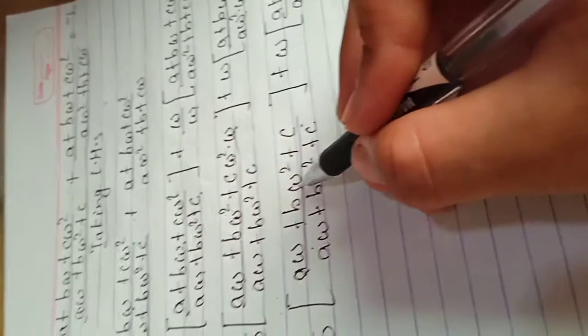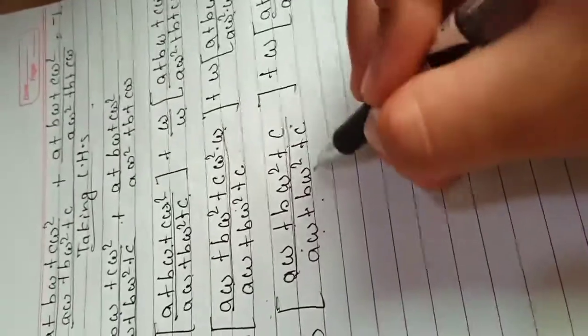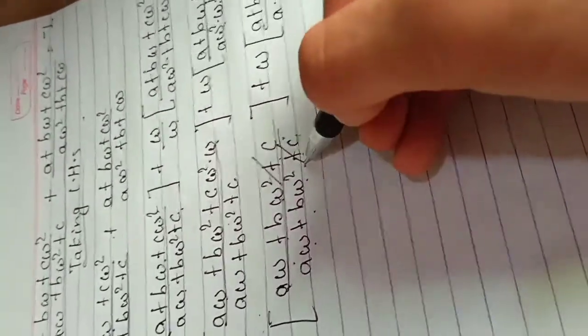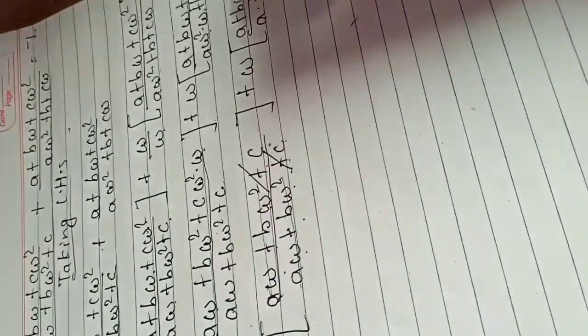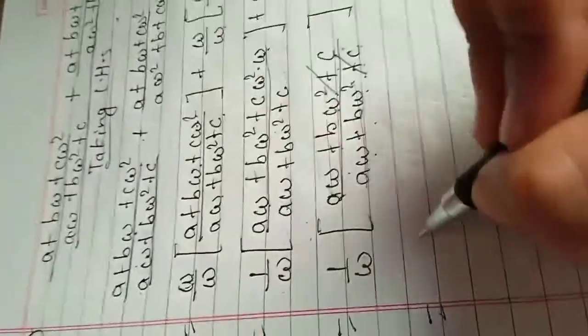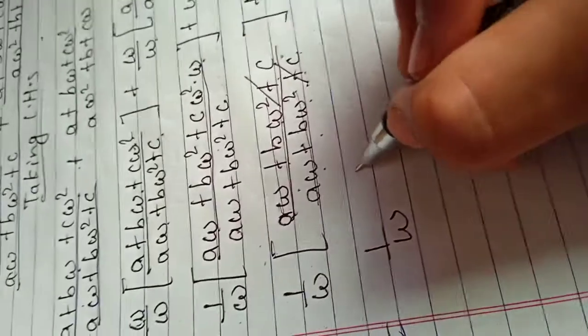Then here it seems to be equal, a omega plus b omega square plus c, a omega plus b omega square plus c. Here all are cancelled, here also all are cancelled. Then we have 1 plus omega plus omega plus omega, here also cancel.